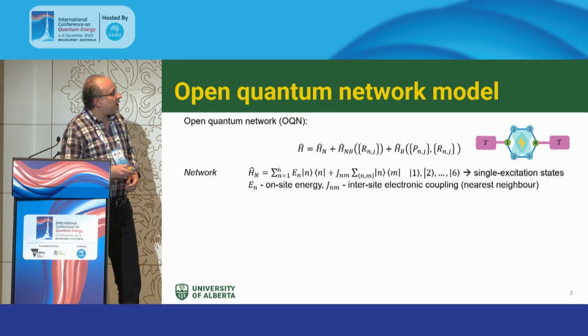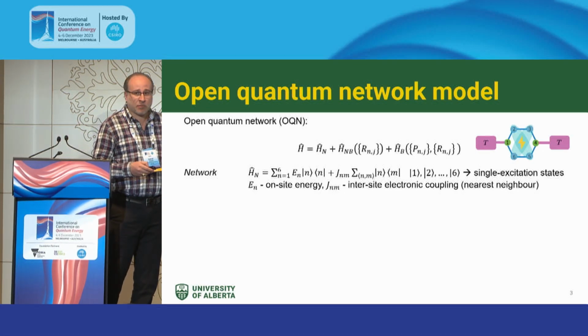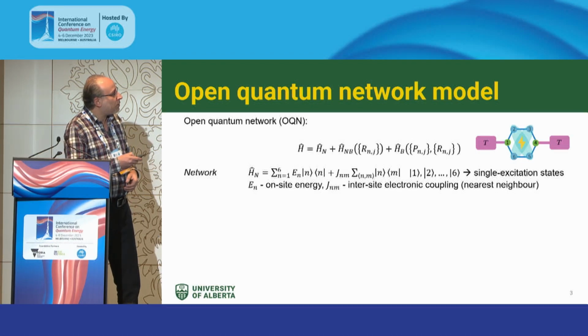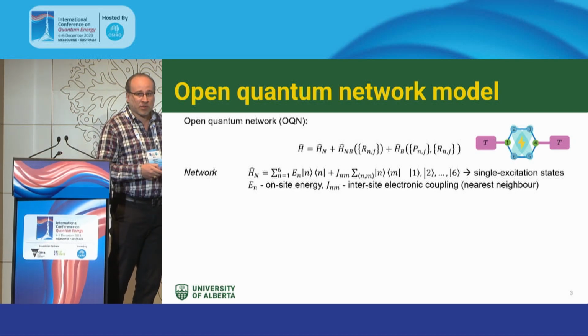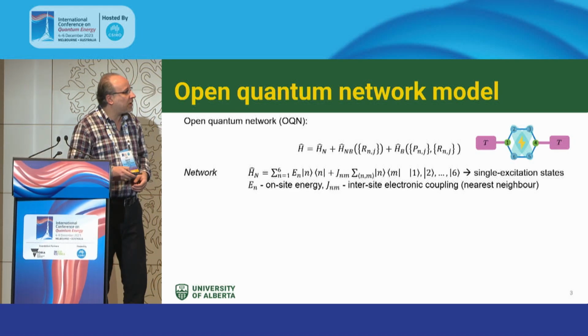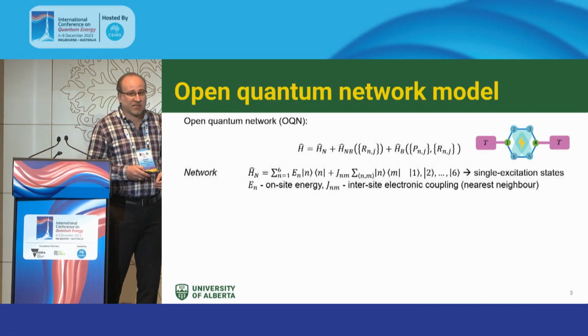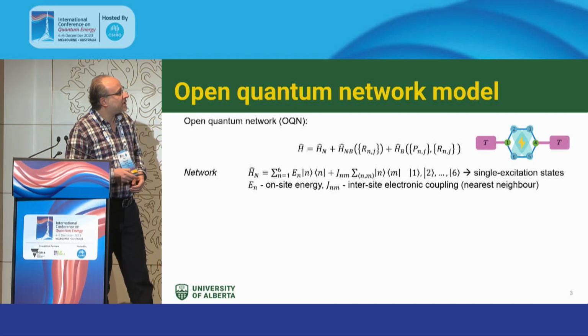Okay, so our network Hamiltonian is sort of a typical Frenkel type exciton Hamiltonian, where the first set of terms involve the site energies of the various sites in the network, and the J_NMs are the transfer integrals or the electronic couplings between the various sites, and we consider only in this study nearest neighbor couplings between the sites.